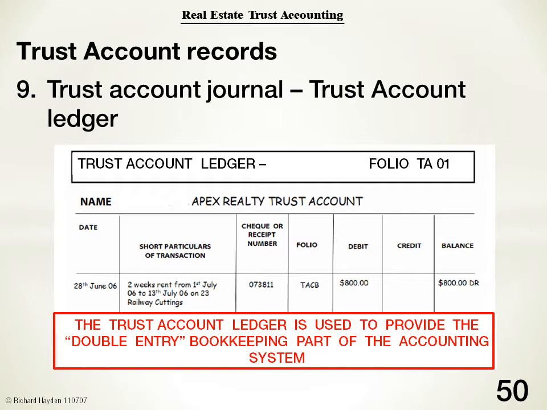But instead of being a credit as it was with the client ledger, where they had a credit of $800 because the rent belongs to them, in the trust account we owe money to them, so it's actually shown as a debit. And this is part of the double entry bookkeeping system. So the trust account ledger is used to provide the double entry bookkeeping part of the accounting system.